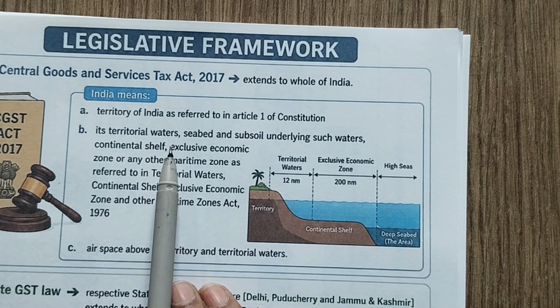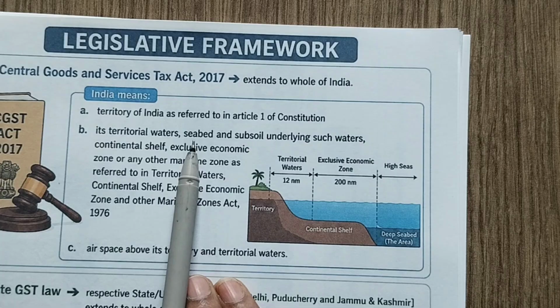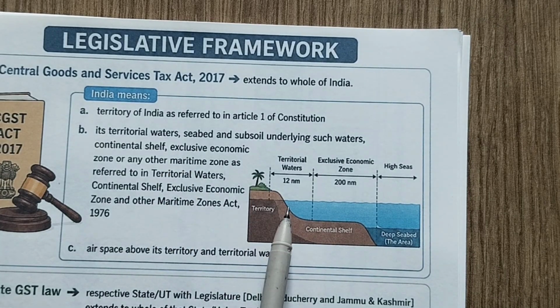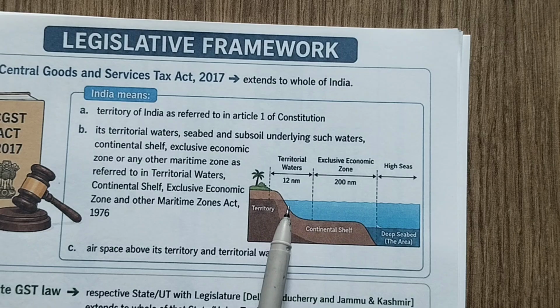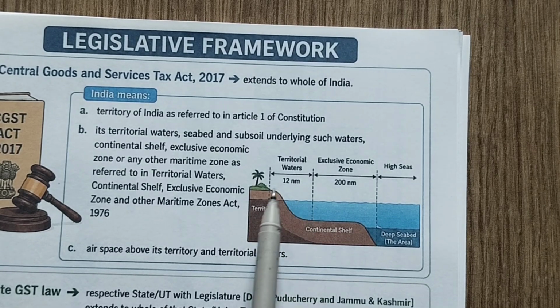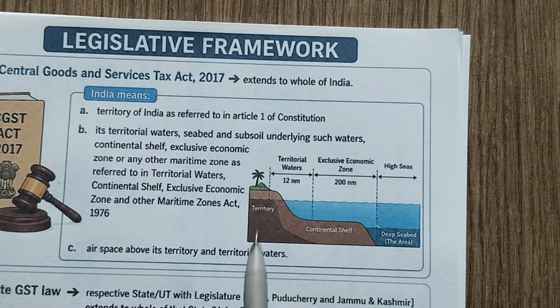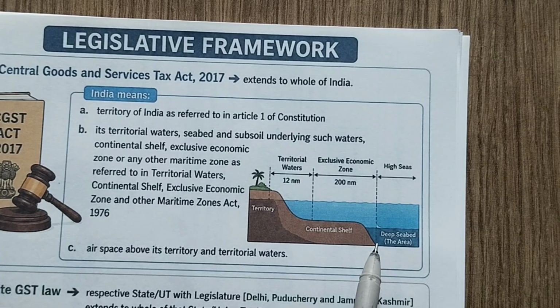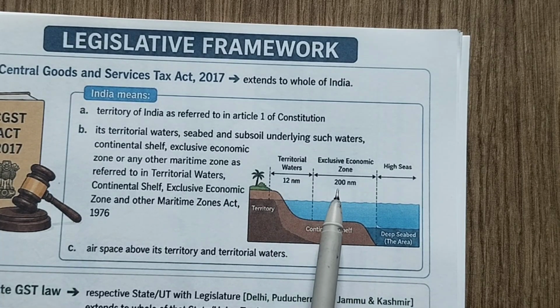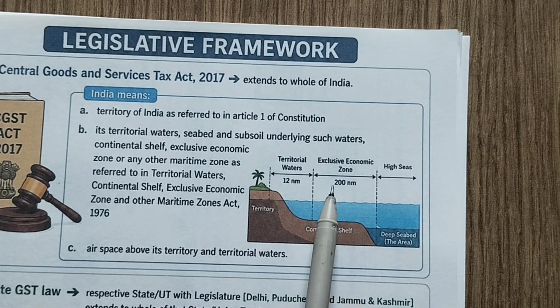The territorial waters are also included, from the coastline, if you go to 12 nautical miles, including the seabed and subsoil. Beyond that, up to 200 nautical miles is the exclusive economic zone.